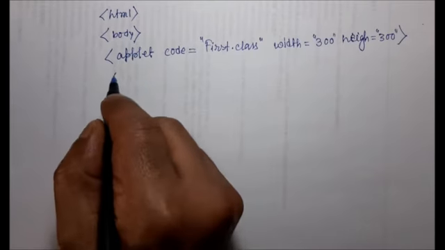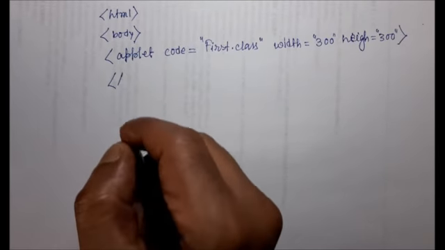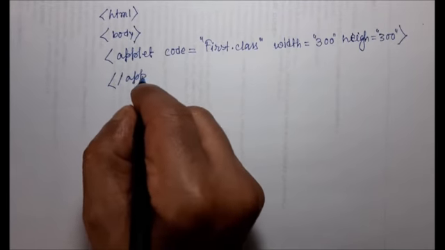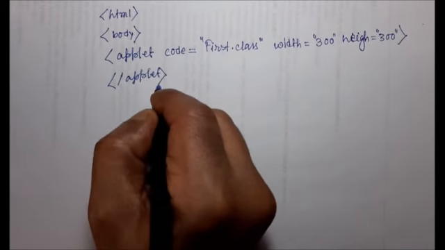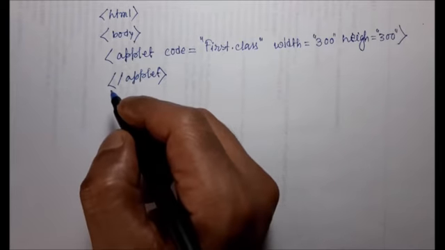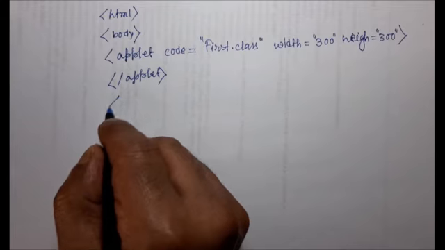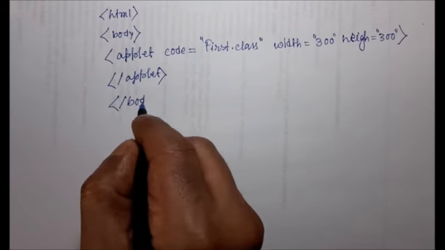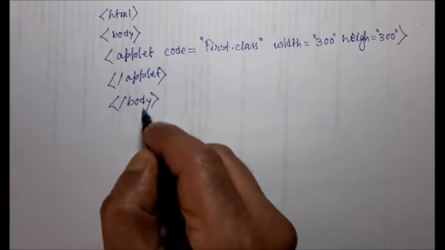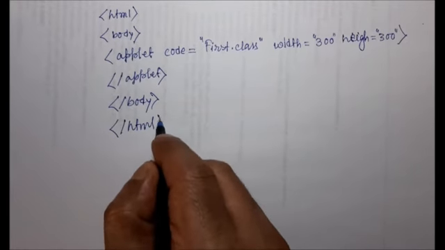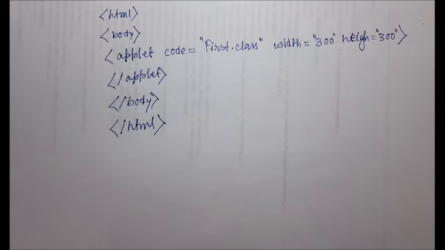Then we have to end the applet tag, then close the body, then close the HTML. So that is my HTML file.